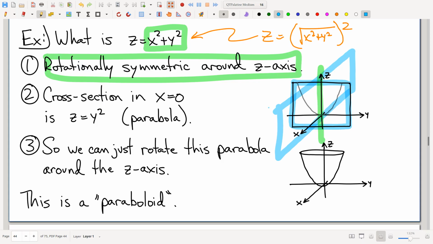And if you just want to make your life pointlessly difficult, you could also use one at some sort of an angle, right? Again, pointlessly difficult. I don't encourage that. So let's go with what we already have planned here. I'm going to pick that plane right there. It contains the z-axis. It has to contain the z-axis. And let's see what happens.